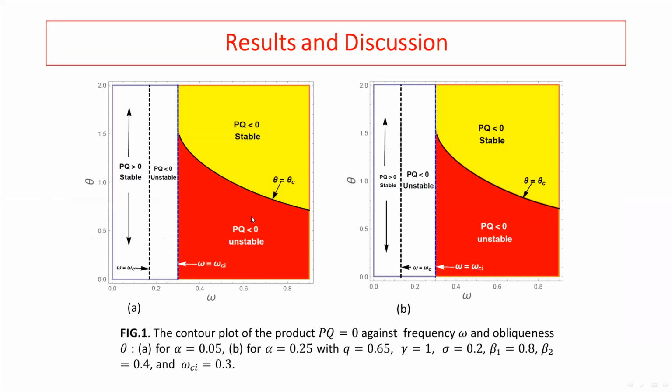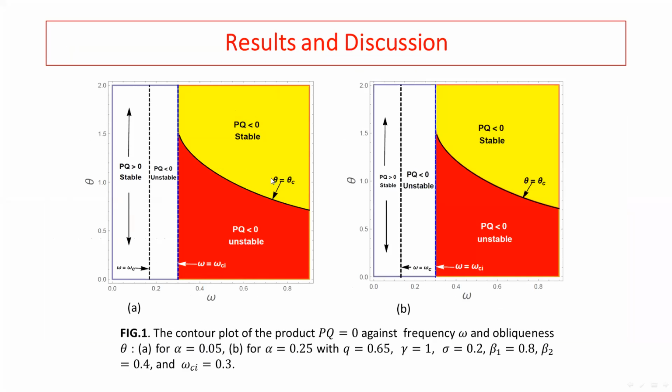Results and discussion. Firstly, the effect of the non-thermal parameter alpha. For alpha NE equal 0.05 and NB alpha equal 0.25, we have two regions, stability and instability, at theta equal theta critical.